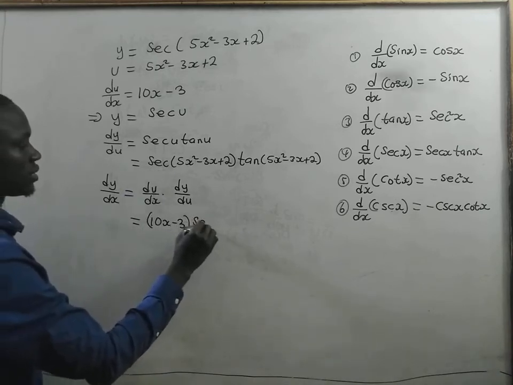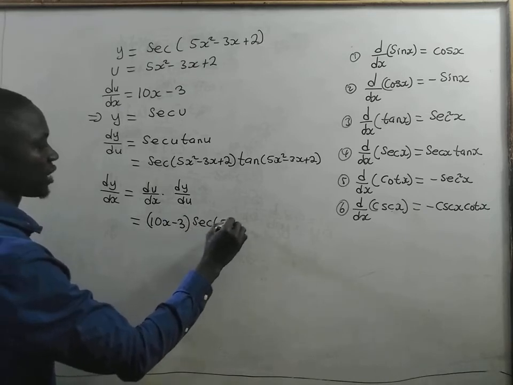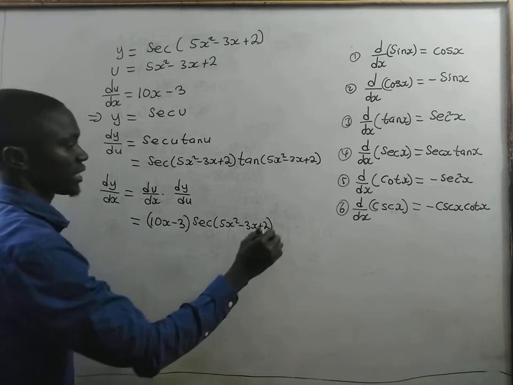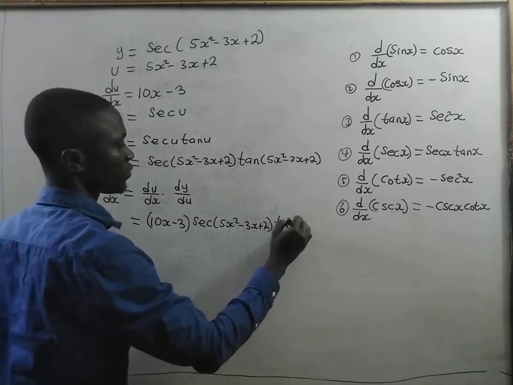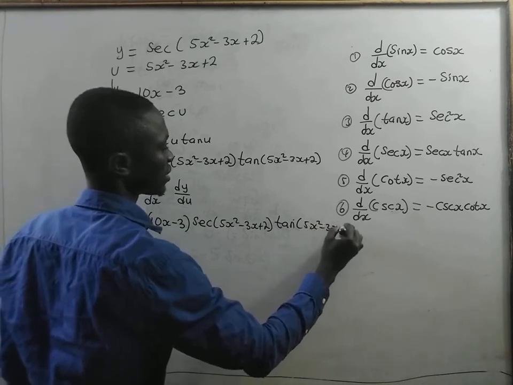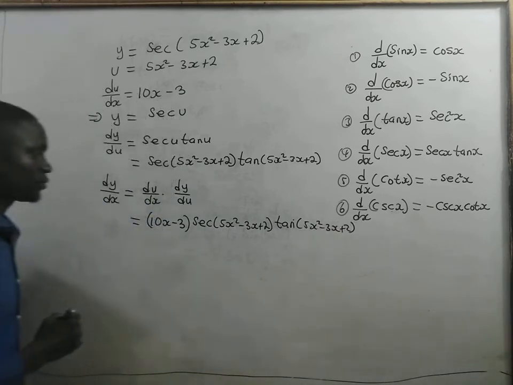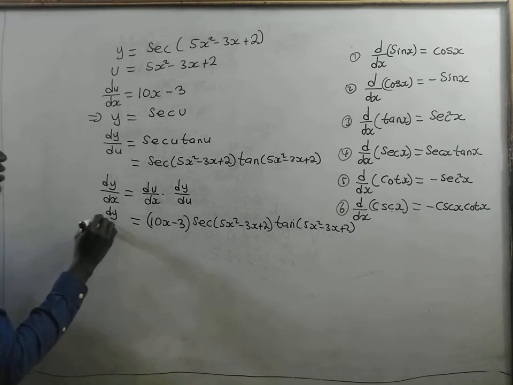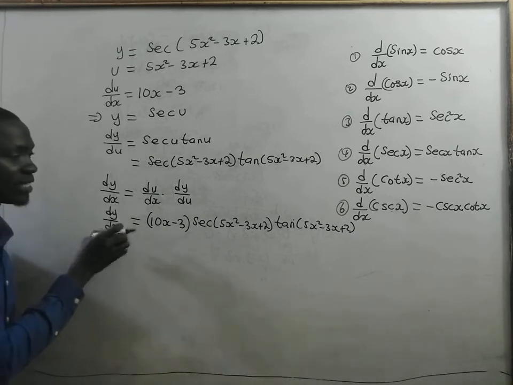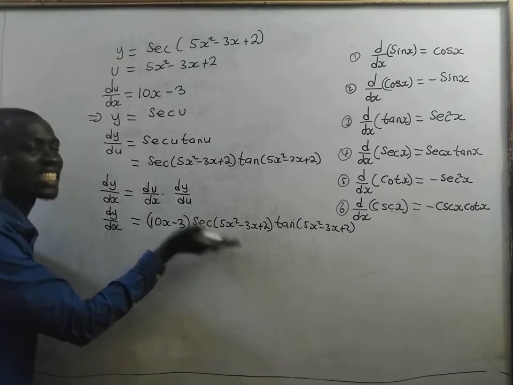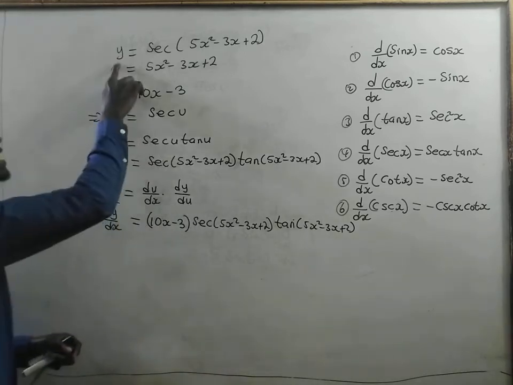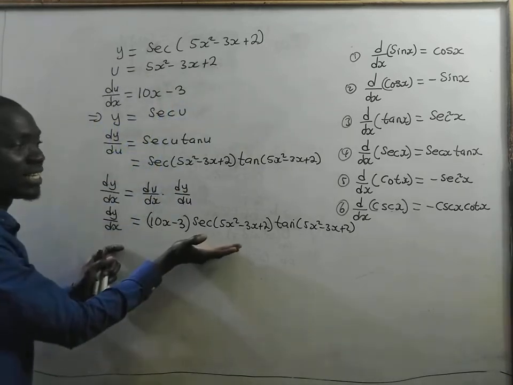Times secant of 5x squared minus 3x plus 2 times tangent of 5x squared minus 3x plus 2 as the derivative of y with respect to x. Remember that if you differentiate, the answer is called the gradient of the function. So if you are to find the gradient of this function, then this is the gradient of the function.